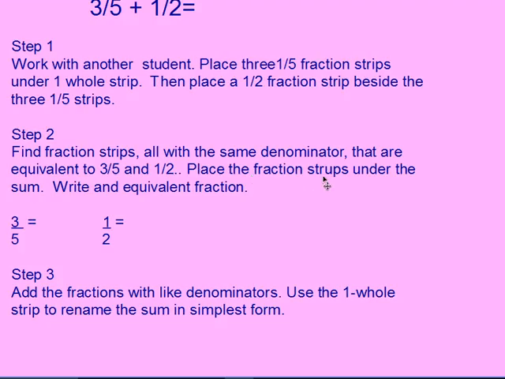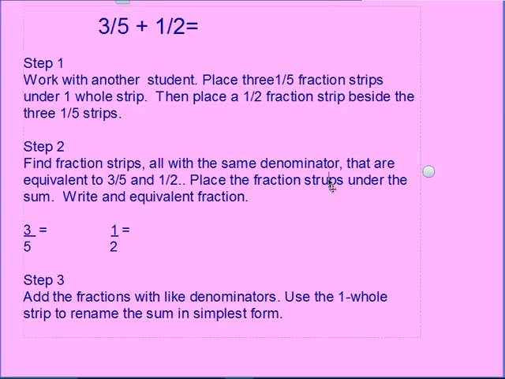Place the fraction strips under the sum. Write the equivalent fraction. So what is the same thing as 3/5? So please stop the tape and go through and find out what's equivalent to 3/5.